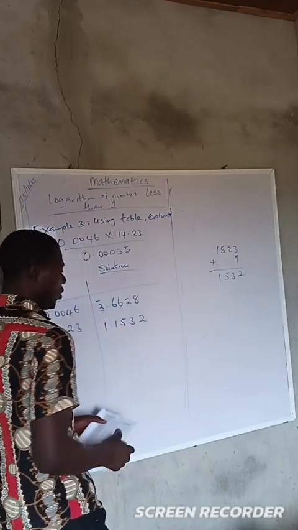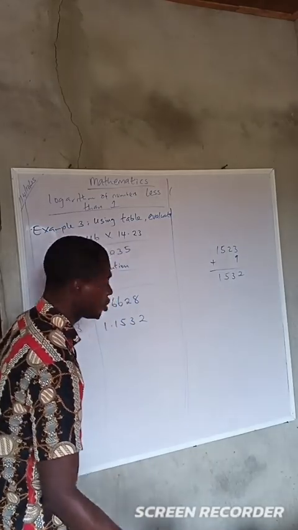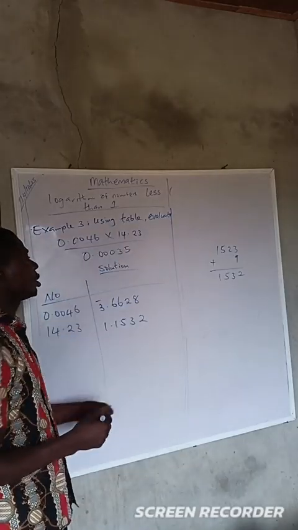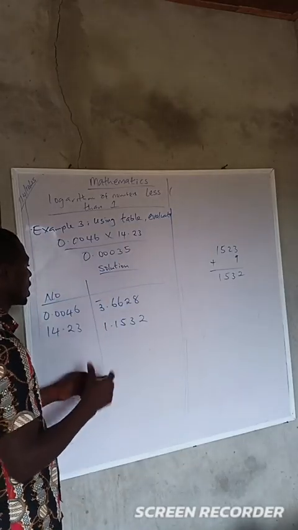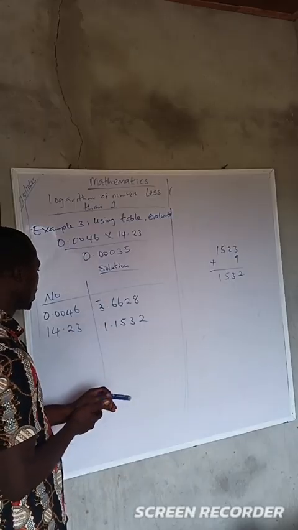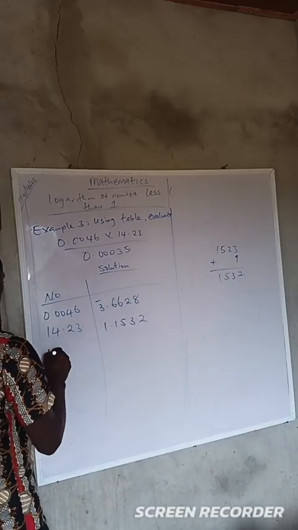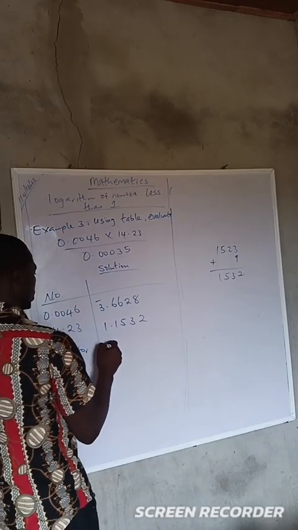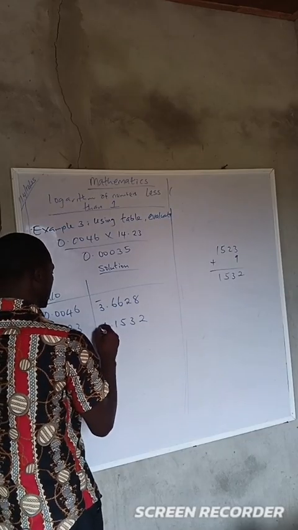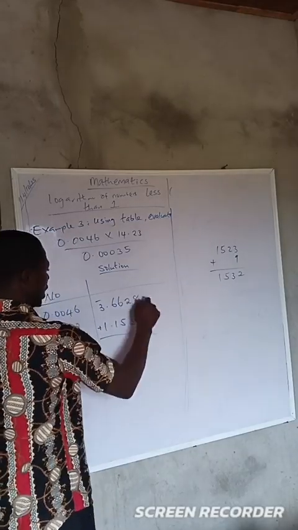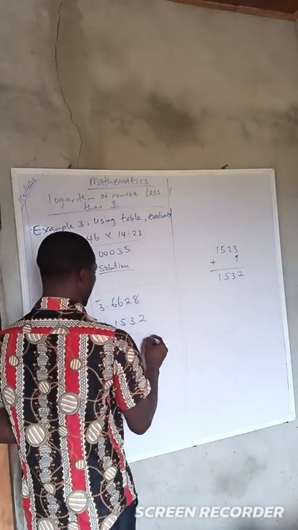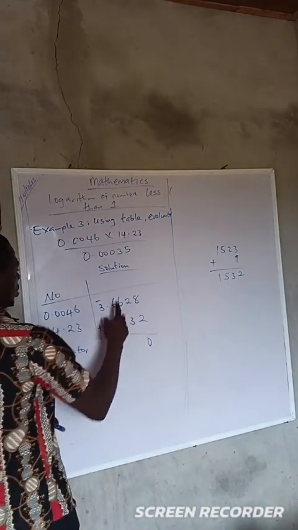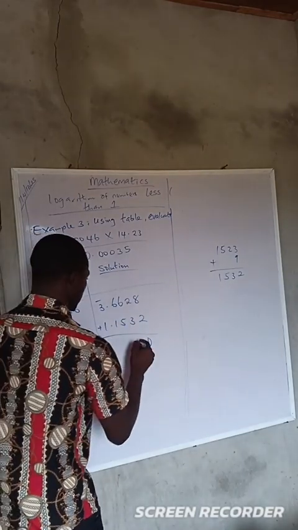Alright, remember the rule of logarithm. The rule for use of logarithm says that when you have multiplication, you find the logarithm of the numbers and you add them together. So here we can get the value of our numerator. So let's add. So 8 plus 2, you have 10, you write 0, carry 1. 1 plus 2, that's 3, plus 3, you have 6.